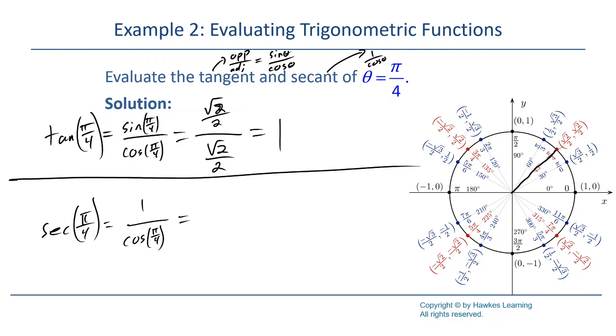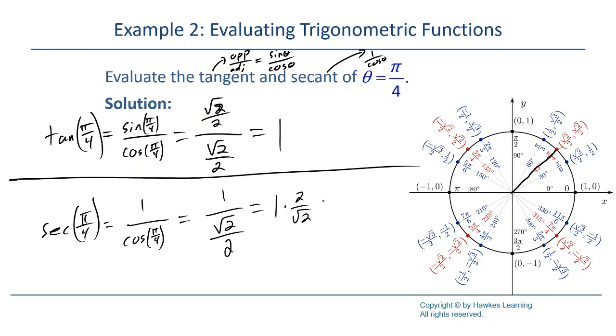So then the other thing, so I get 1 over cosine of pi over 4. So for pi over 4, I have square root of 2 over 2. So this is 1 divided by the square root of 2 divided by 2, which is equal to 1 times 2 over the square root of 2. Now already I can tell this is not going to work out, well, not that it's not going to work out, but I'm going to need to handle the square root in the denominator.